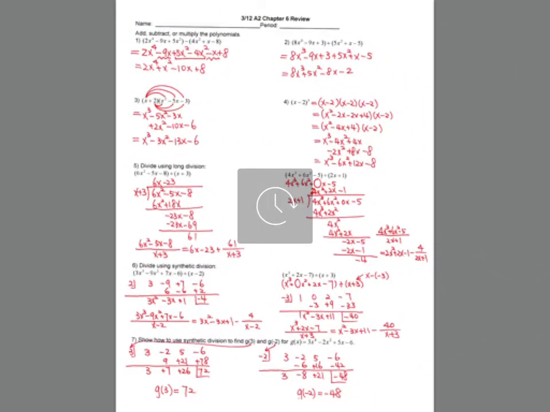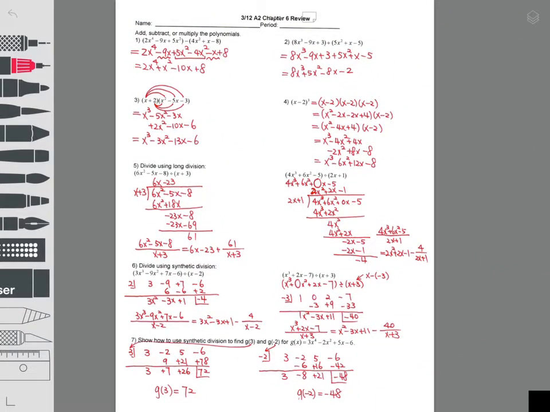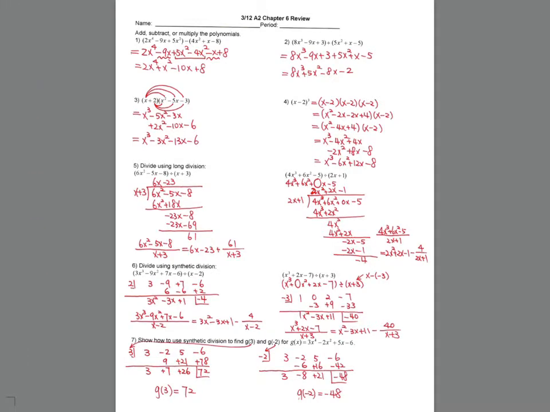And here are your answers for page number 1. So take a look, check on the answers. Number 1 and number 2 are adding and subtracting. So for number 1, don't forget when you subtract polynomials, everything inside the second parenthesis gets subtracted.